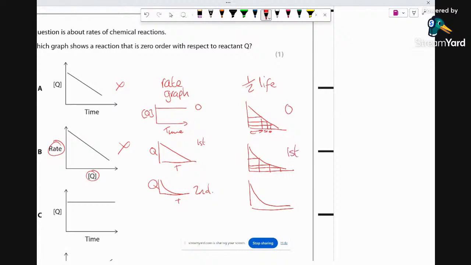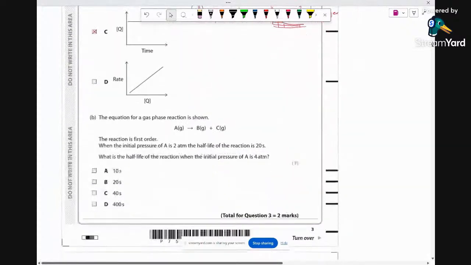In first order, the half-life remains the same. And in second order, the half-life gets even longer. So these get shorter, 0 gets shorter, first stays the same, and second gets longer. Just so you know, it's nice to do a little bit of reminder of those graphs.